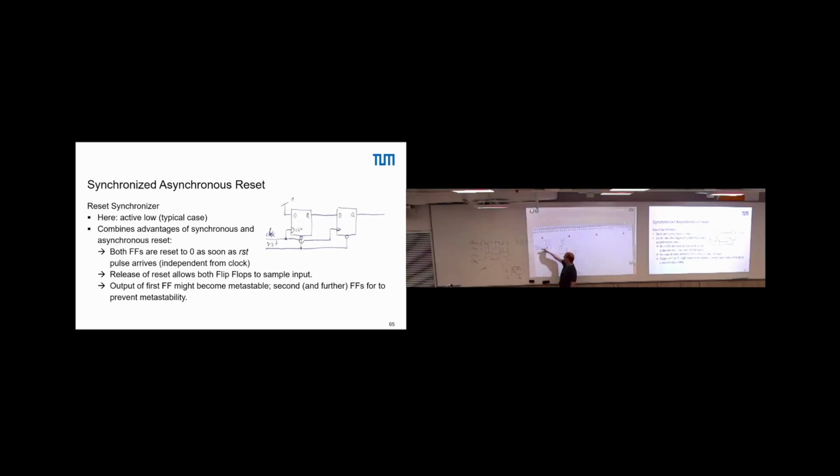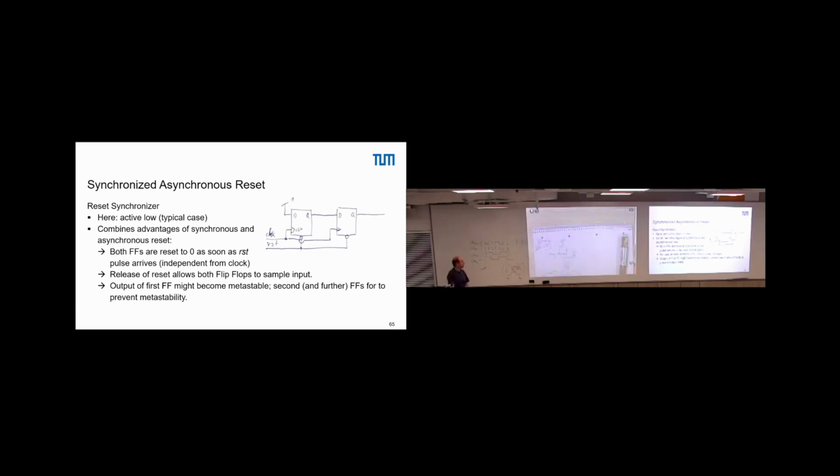So if by chance clock and reset edge arrive approximately at the same time, we have a chance that the output falls into a metastable state. So what do we do? We remove this one here, and we put another flip-flop here before, put the one here, put here our clock, and here another reset.